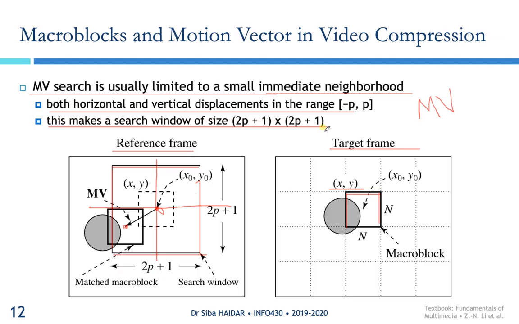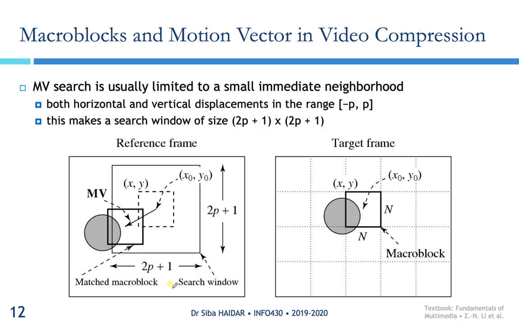So let us erase this slide and see if we covered all the concepts mentioned here. We have the matched macro block, we have the search window, we have explained the macro block, the target frame, and the reference frame.